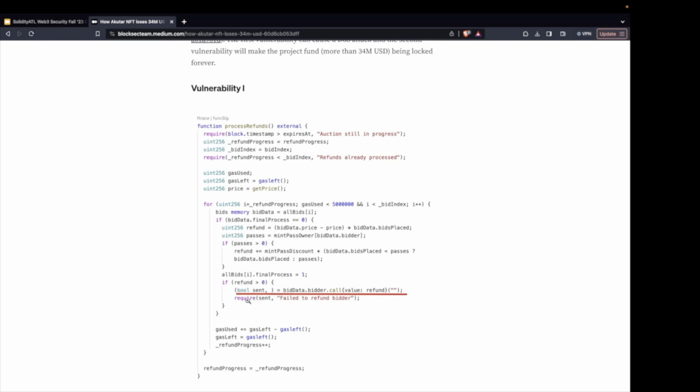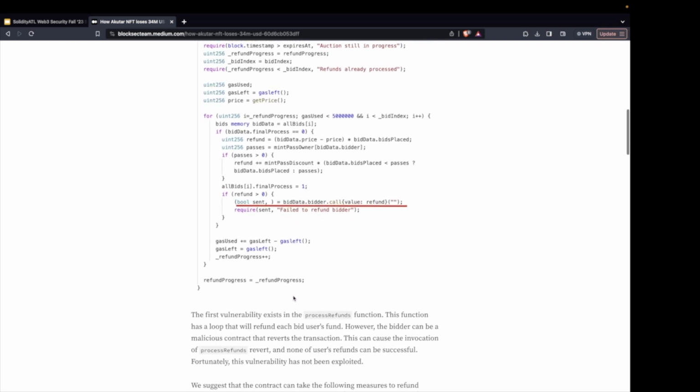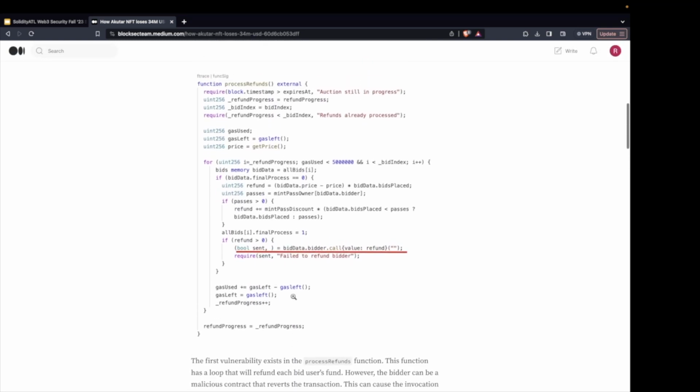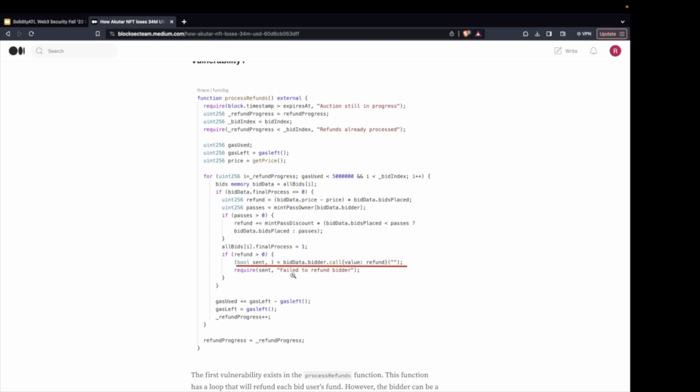And they have this require statement here that is requiring for every bid in this loop that they're trying to refund, it has to be successful or the entire transaction reverts, meaning even if there were 100 bids that were successfully refunded, if that 101st bid fails, all 101 of them fail, breaking this contract's functionality. So this is an example of what a real world denial of service vulnerability looks like.